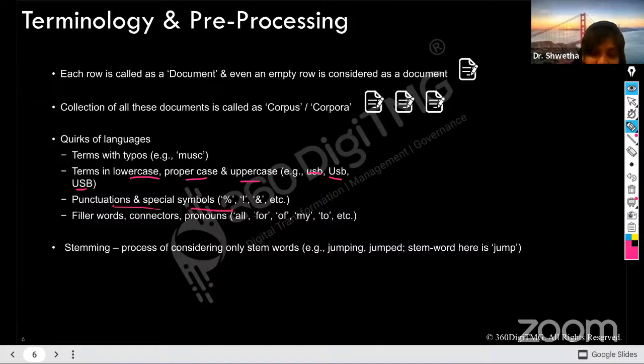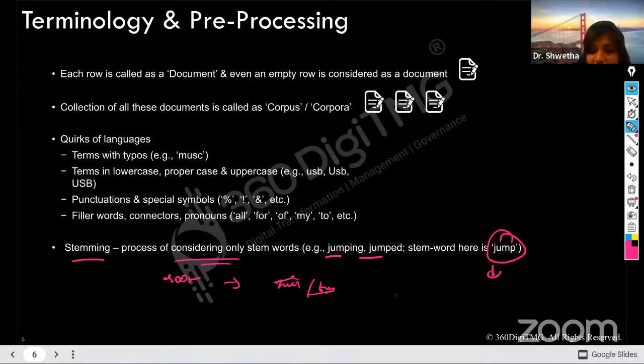Then punctuation, special symbols, filler words, characters and pronouns can all be avoided. Then there is another technique called stemming, where you only keep the root words. You are trimming the words, like jumping and jumped. Both, when stemming is applied, would become jump.